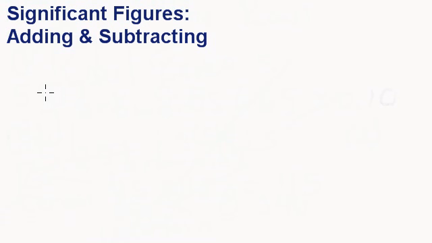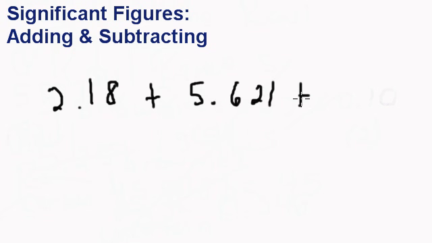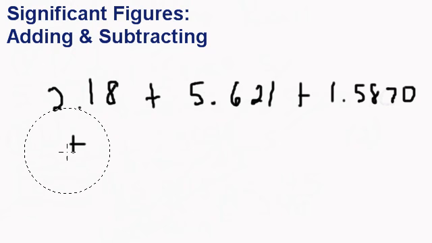I'm going to show you, let's say we have the numbers 2.18 plus 5.621 plus 1.5870 minus 1.8.